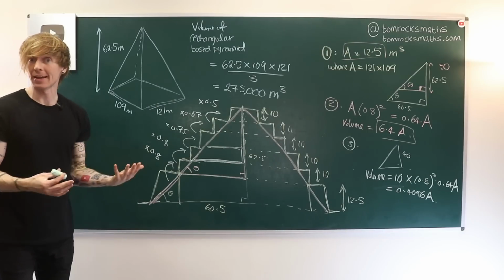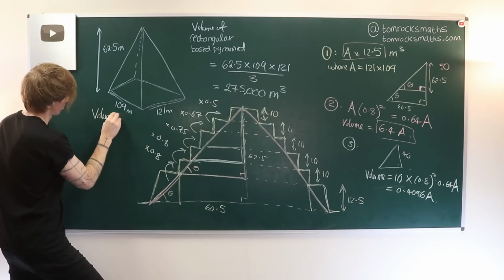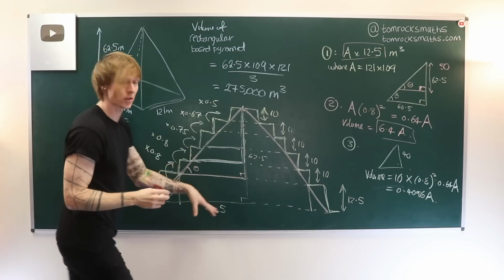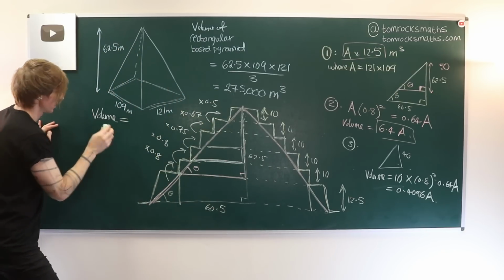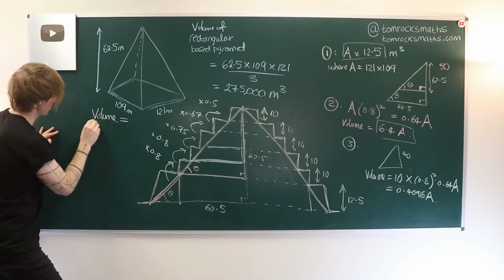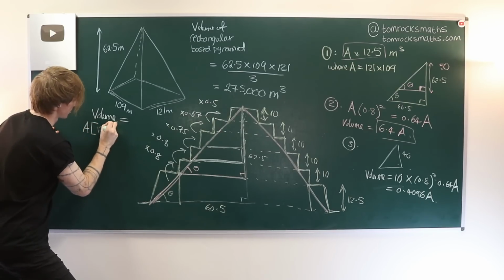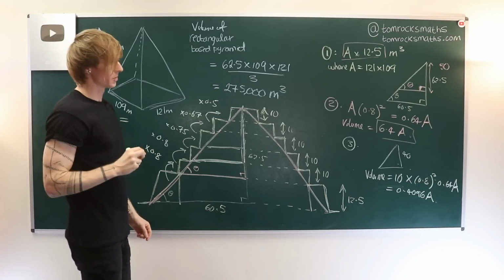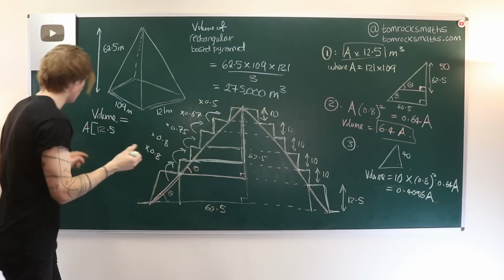So putting everything together, we can say that the volume is equal to the sum of the volumes of the cuboids. We know the first one is 12.5a. So we're going to have this common factor of a outside. And then we've got 12.5 from the first cuboid. Then we saw that we had 6.4 lots of a for the second one.